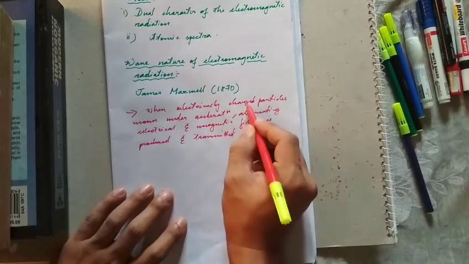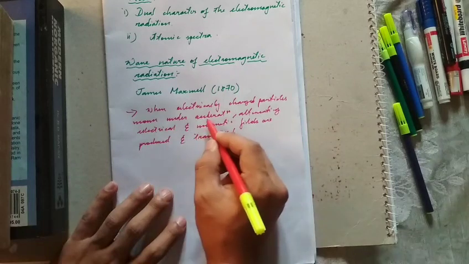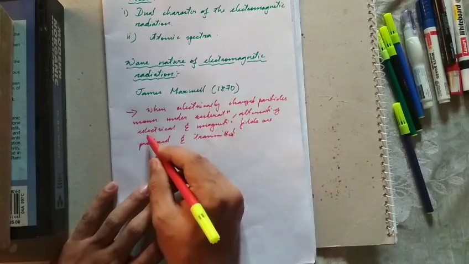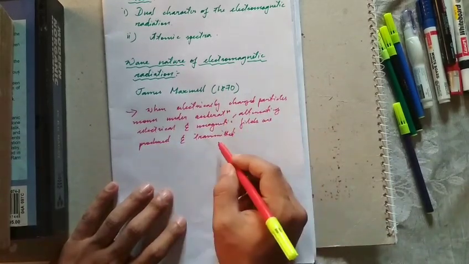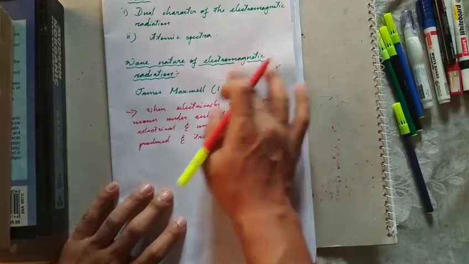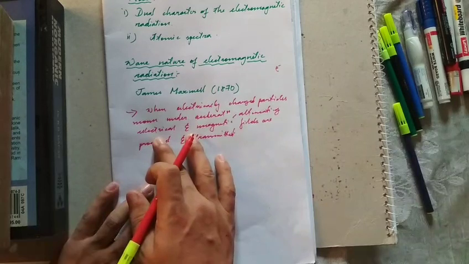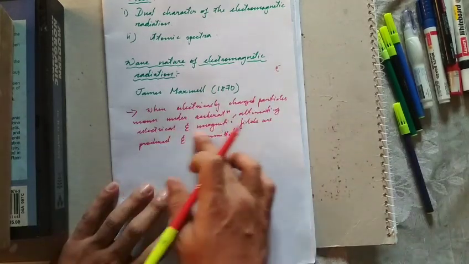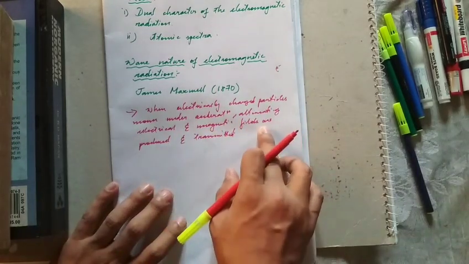Example, electron. When an electron moves, it gives electrical and magnetic fields.